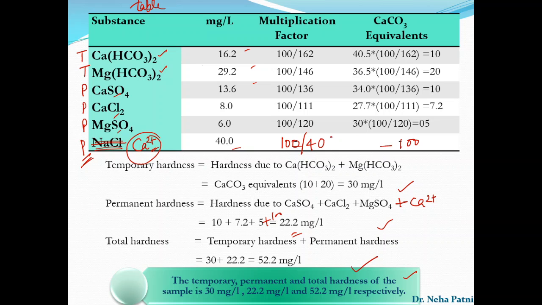And obviously here in the multiplication factor, I cannot write 111 or 136 or so, because I don't know which anion is present along with the cation, but I'm sure that the cation is present, and as per the reaction with soap, water is going to convert it into scum. So for that you only take 40, which you're very sure of. So meanwhile you calculate and change the answer accordingly.